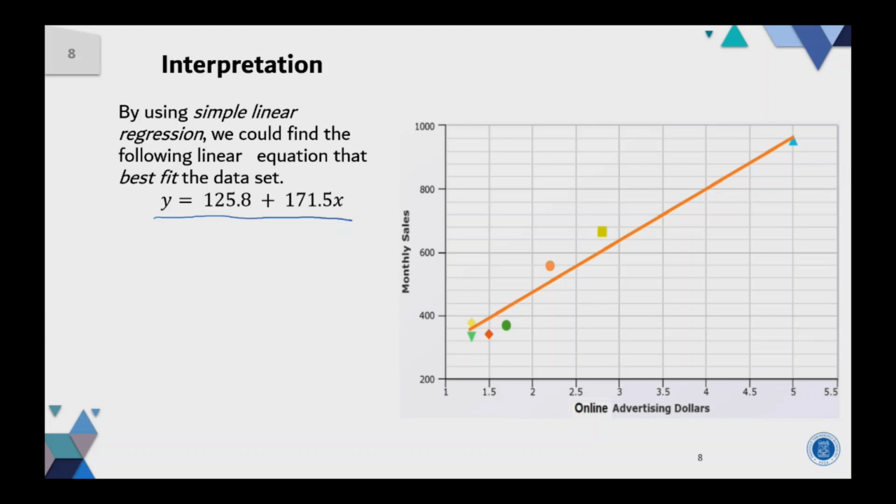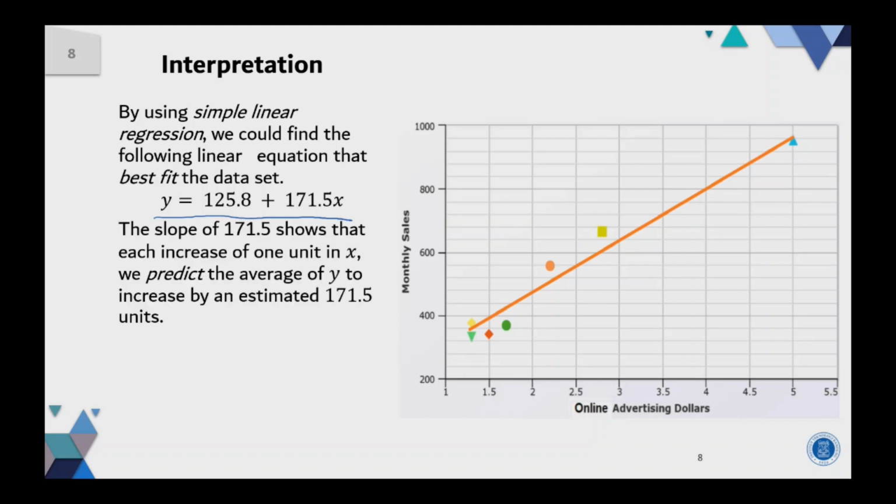It seems like it represents the data, and actually it is the one that fits best. It can be proved that if we take another line, it will not be as good as this one. So this one is the best fit.